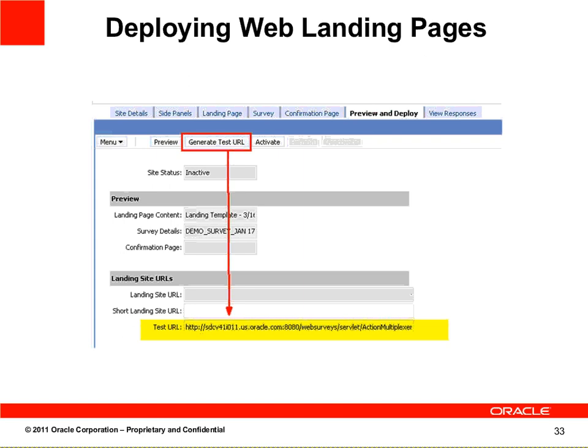Now, at this point, even if you are able to see the landing page and fill out the survey, probably nothing is going to happen because you haven't activated the landing page. So probably you're going to get an error when you try to submit a survey from a landing page that has not been activated. You can see here that the site status is still inactive.